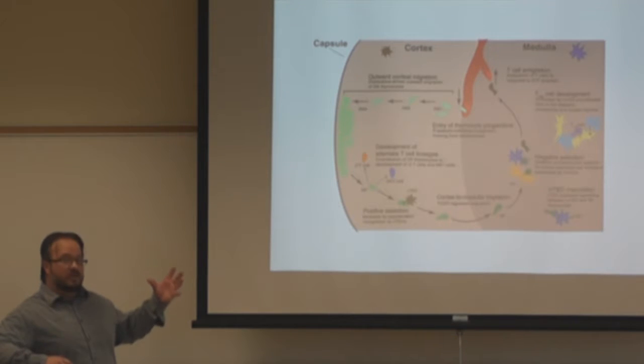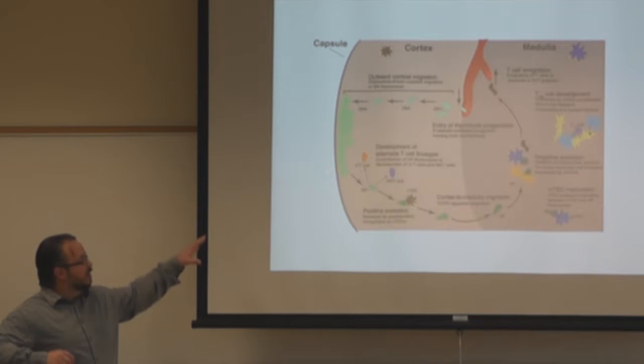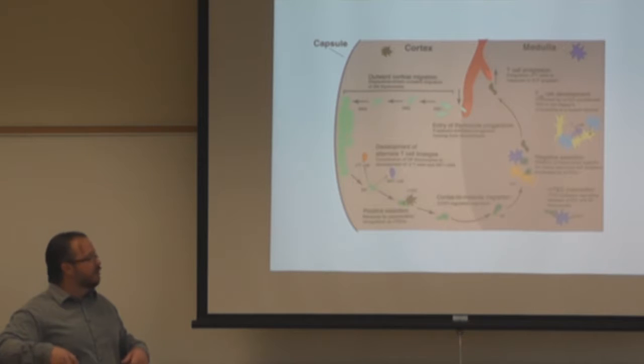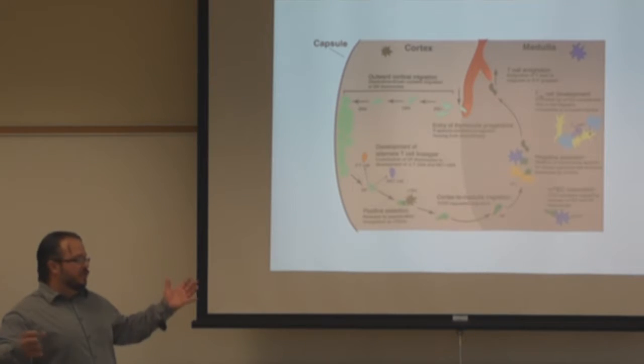But for the most part, all you need to know is that once they develop these T cell receptors, each T cell makes one T cell receptor, and it's fairly unique to that T cell. And there's a huge array of different T cell receptors that are possible.